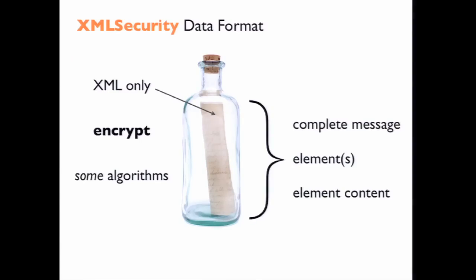But first, let's check out the XML security data format. And as the name implies, XML security, it's for XML messages only. And you can only encrypt messages. There's no way to use signatures using XML security inside Camel.